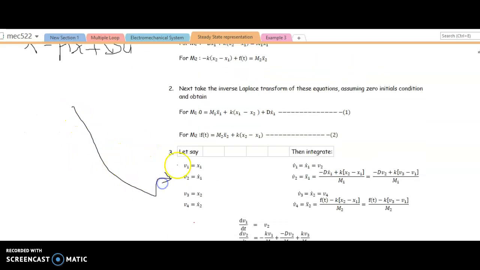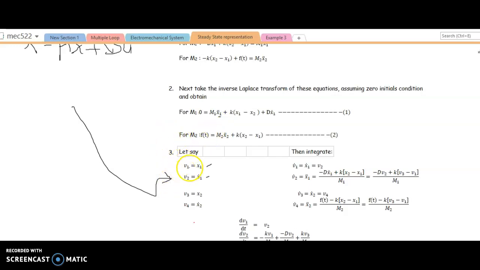Kat sini kita ada dua equation, kita ada x1 dengan x2, so meaning that kita ada 4 variable. First for x1, for x1 dot. Sebab kenapa kita akan ada x1 dot? Bila kita integrate x1 dot, kita akan dapat x2 double dot. So x2 double dot adalah daripada x1 double dot, and x1 double dot adalah daripada kat sini. So that's why kita ada 4 variable kat sini.